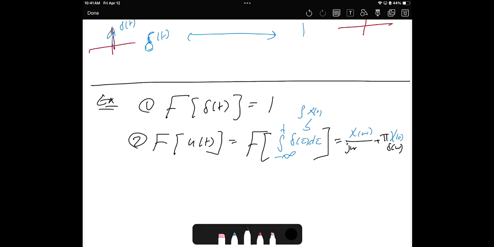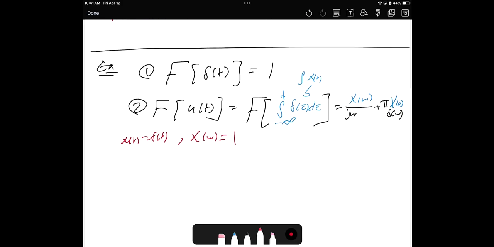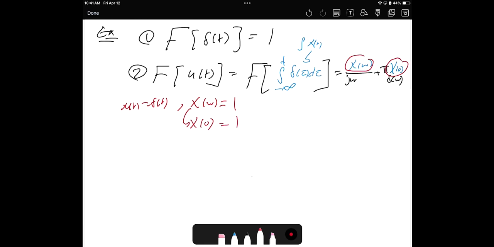So we can say here x of t equals delta of t, then X of omega equals 1. How to find X of 0? Substitute omega equal to 0, which will be 1, because it's 1, substituting omega 0 it remains 1.